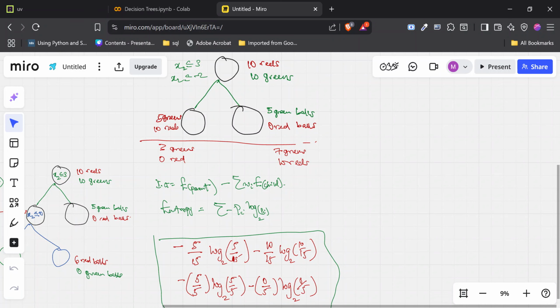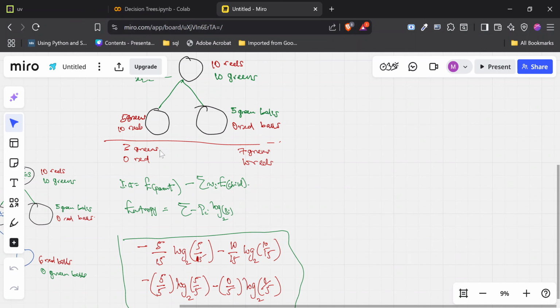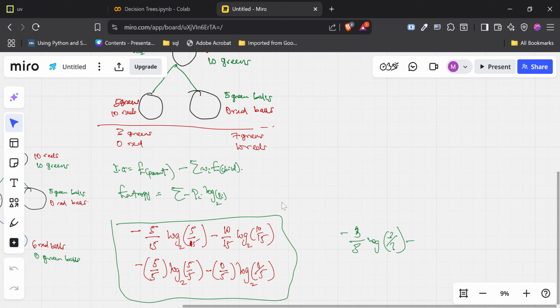And for the second one, which is going to be this one, we're going to have negative 3 over 3 log 3 over 3 minus, what's that?